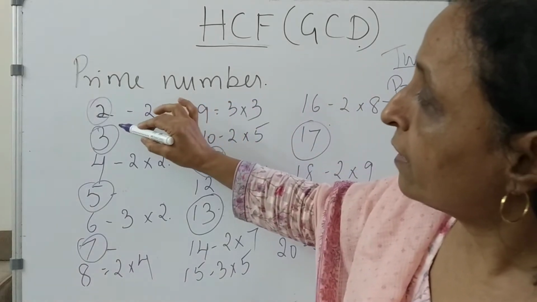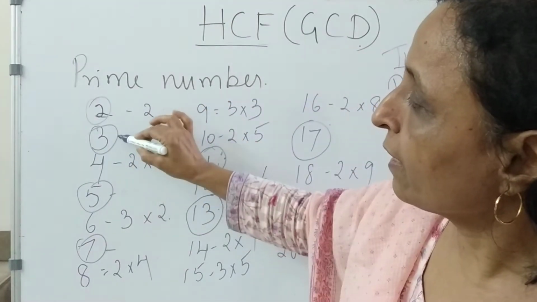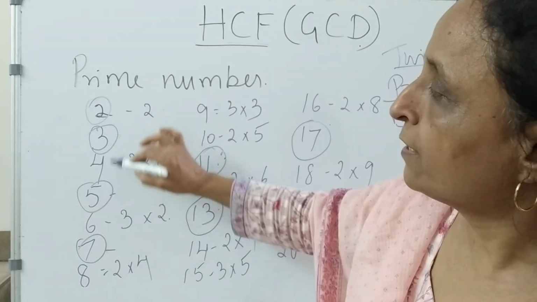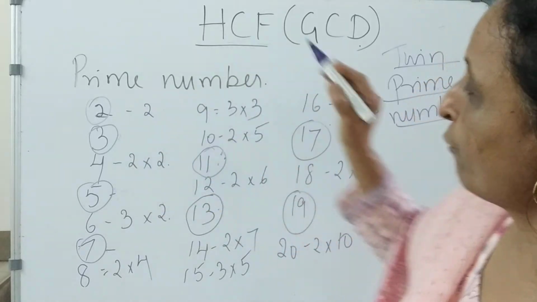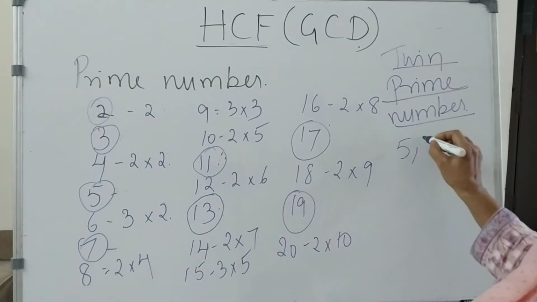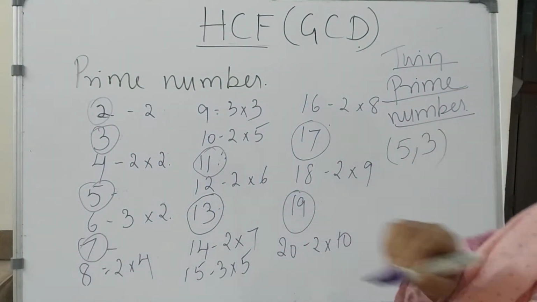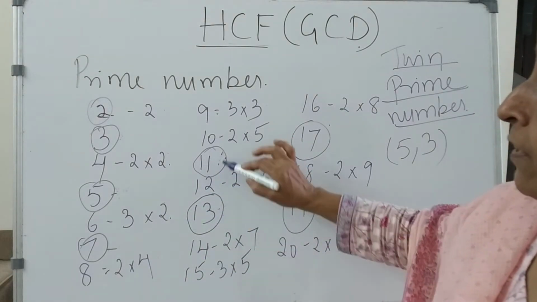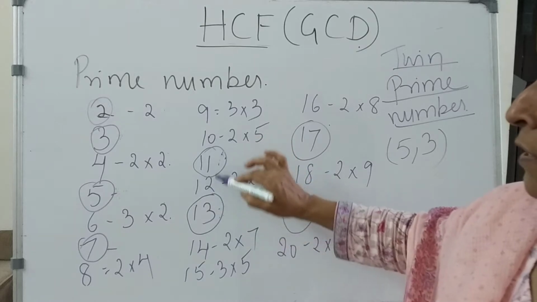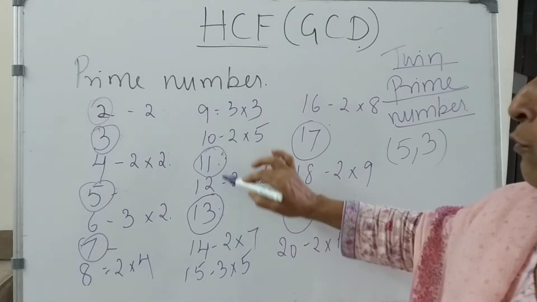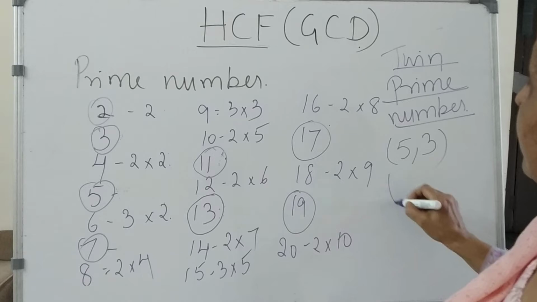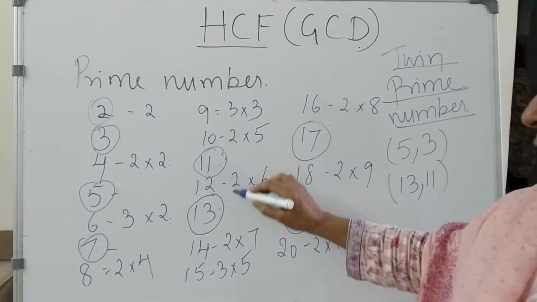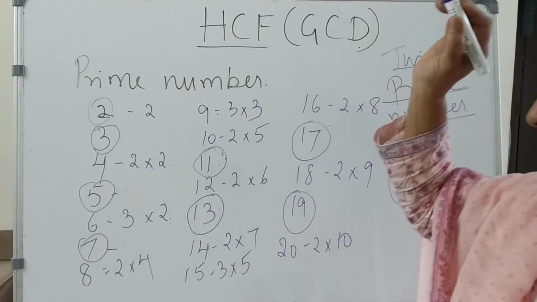So here the difference between 3 and 5: 5 minus 3 is 2. Therefore 5 and 3 are twin prime numbers. Now here 11 and 13, the difference is 2. 13 minus 11 is 2. Therefore 13 and 11 are twin prime numbers.